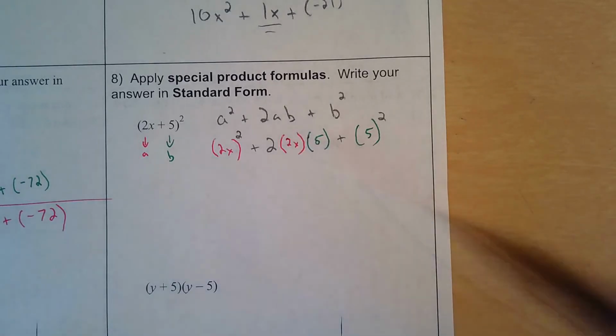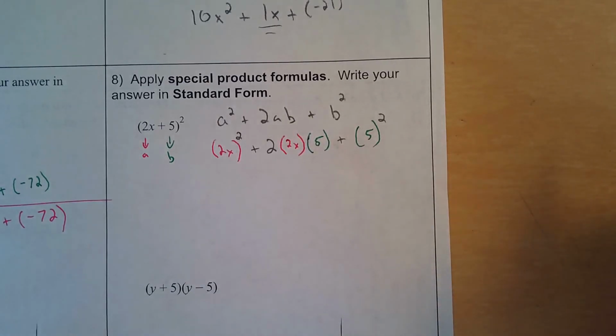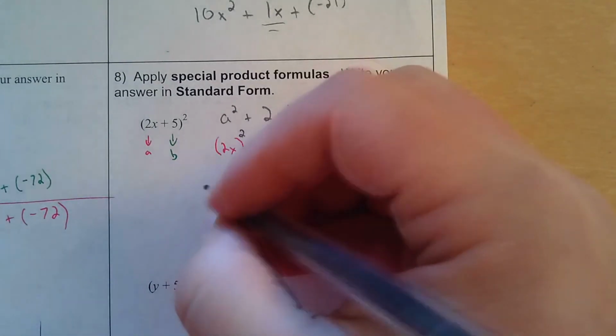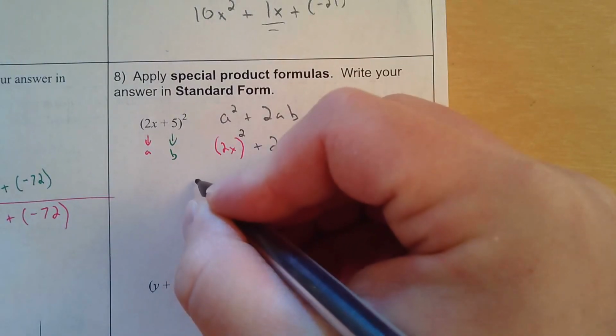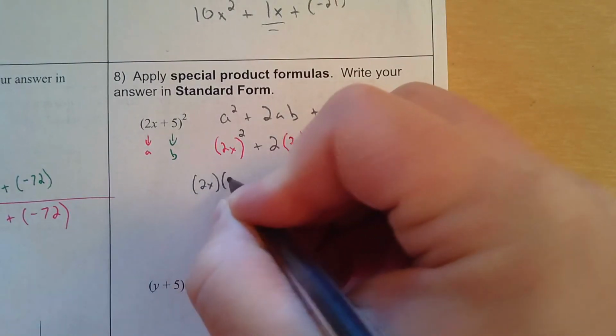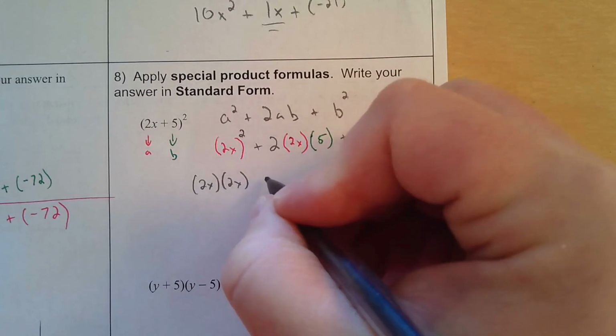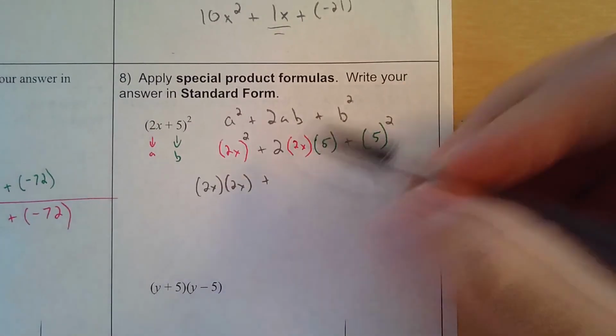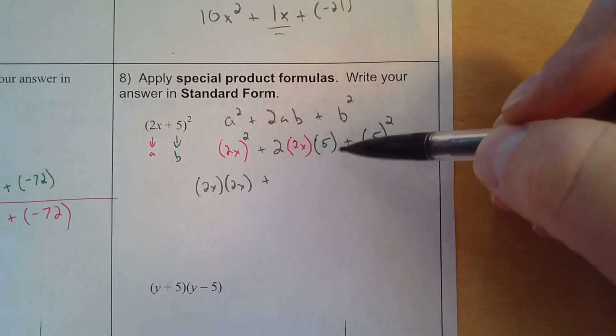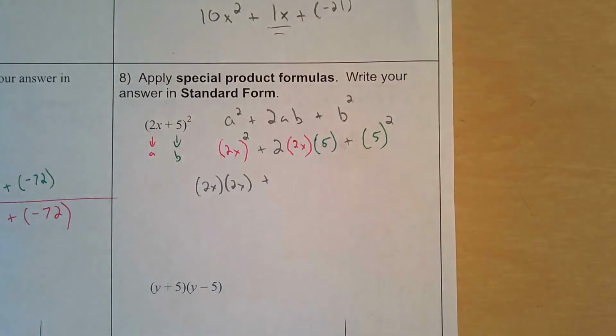So 2x squared, maybe let's write this out. So we're going to do 2x squared. What that means is 2x times 2x. And then for this next one, 2 times 2x times 5. All of these things are being multiplied together. So we actually have like 3 numbers that we need to multiply.